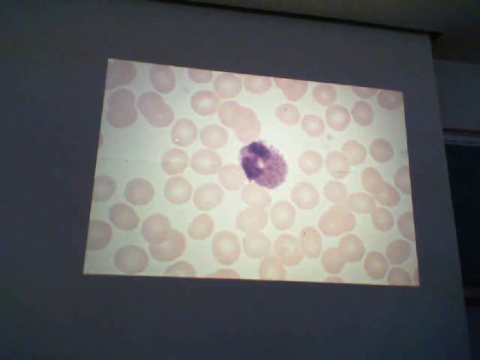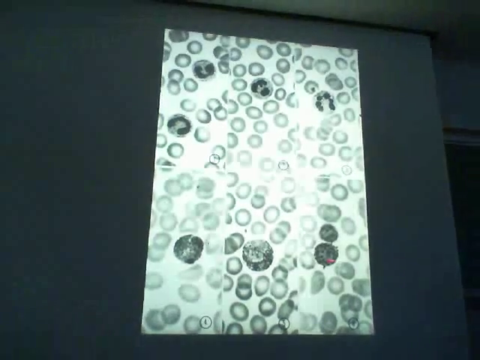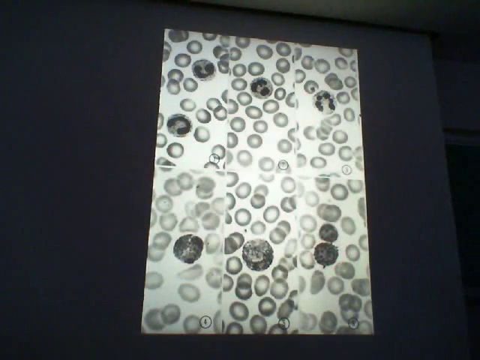So they're going to mimic that. Okay, well, how about that cell? That's an eosinophil too. Okay, how about that cell, smart guys? Basophil. And that cell right next to it, what is that? Lymphocyte.